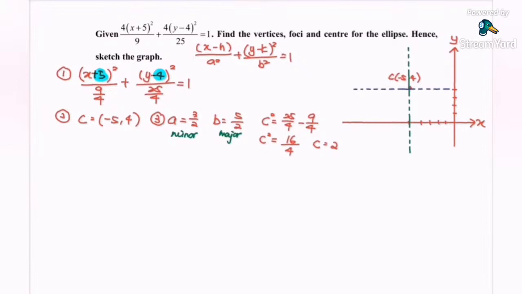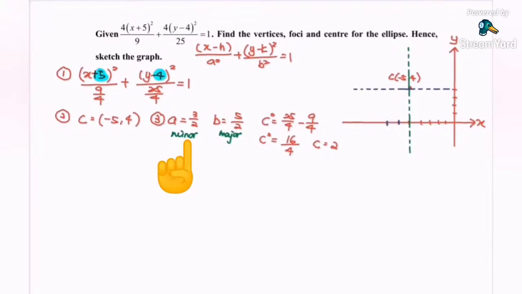So meaning that we have to shift 3/2 units towards the left and then towards the right for the x-axis. So as we notice, 3/2 actually is equals to 1.5. So meaning that in here we will have -5, then -6, then we have -7.